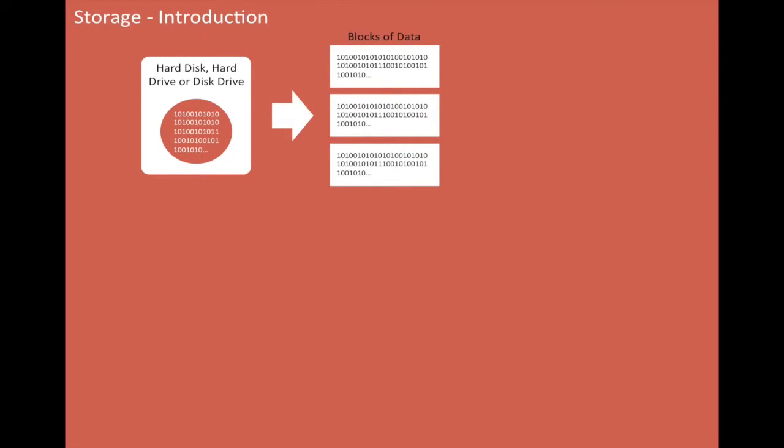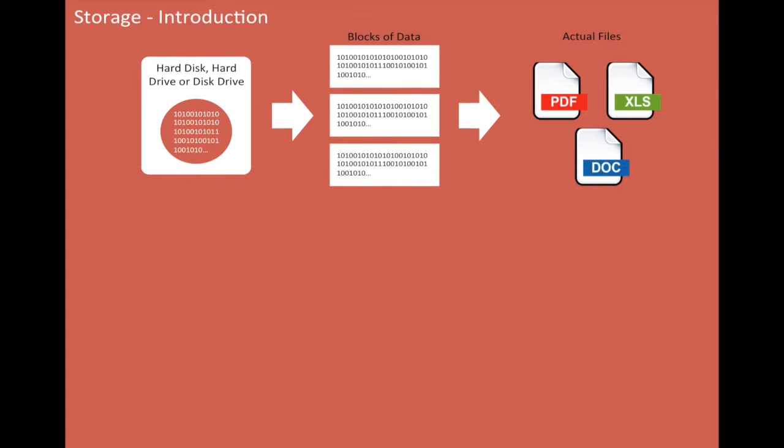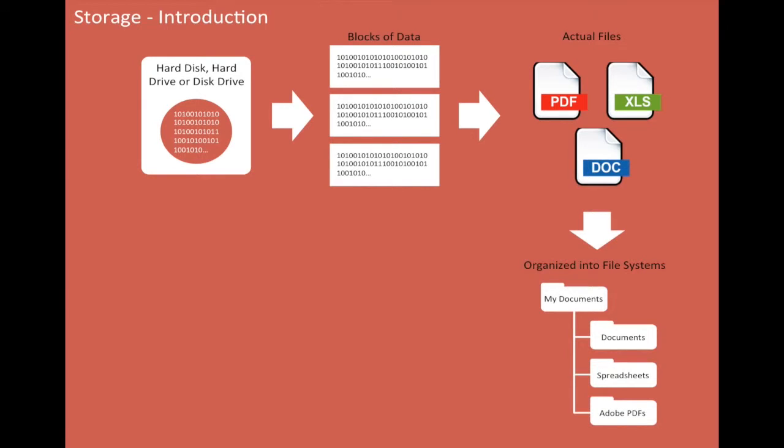That is then organized into a series of blocks of data, and those blocks of data can be represented within the operating system to make it human readable as actual files. And then those files are organized into file systems. So what we would all see, maybe if we're using Windows or Finder in Mac, you'll have a series of folders with subfolders, and that's where you would put your files, and you can organize your files.